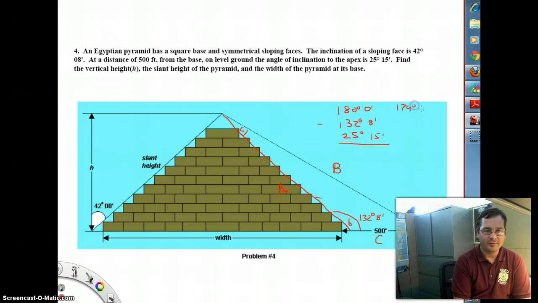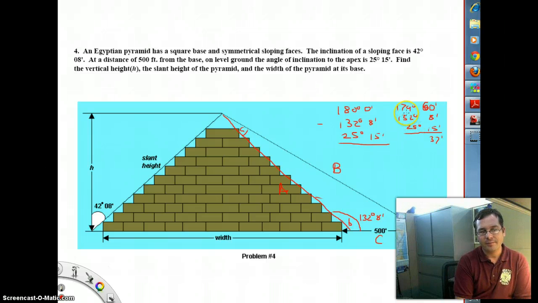179 degrees, 60 minutes, minus 132, 8 minutes, and 25 degrees, 15 minutes. So you think about 15 and 8, it's 23. 23 from 60 is 37 minutes. 179 minus 132 minus 25.